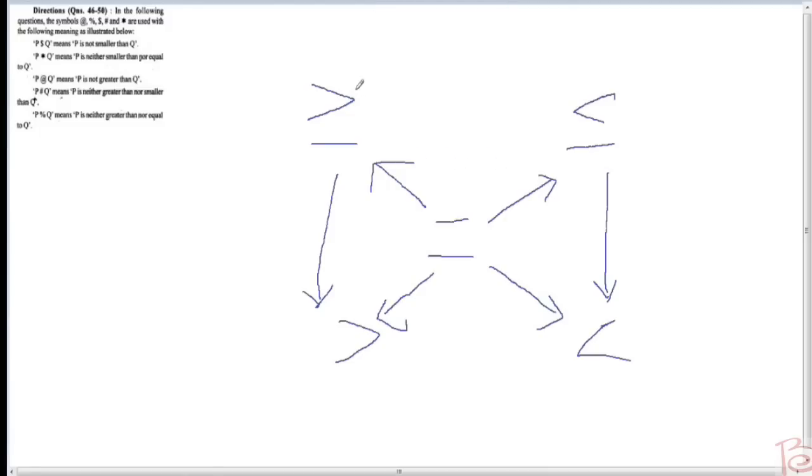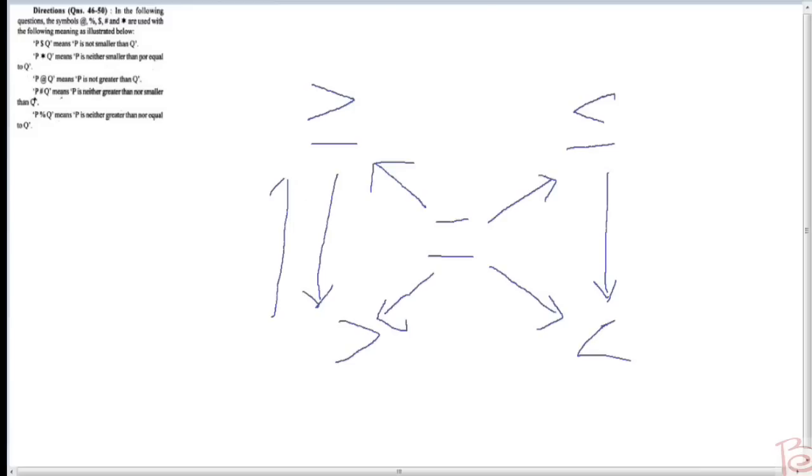But suppose you want to move from the greater than or equal to sign to the equal to sign, you cannot move. You can move till this point, then you have to return back. So if you're going in the direction of the arrow mark, you can move forward, but if you go in the opposite direction of the arrow mark, you can reach that point, but you have to come back.